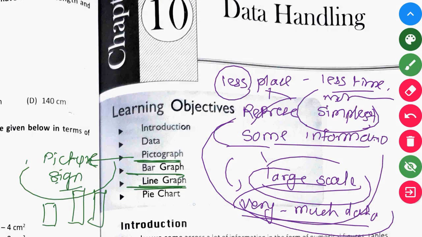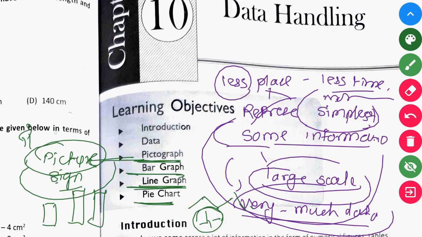In a line graph, we use line segments to represent the data, and pie chart is a circular representation in which percentage wise we show the data.